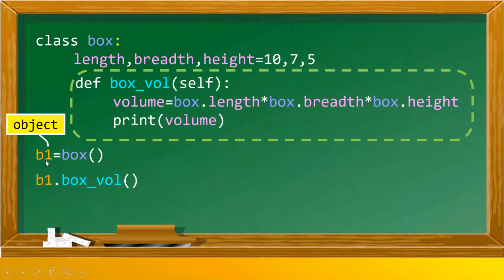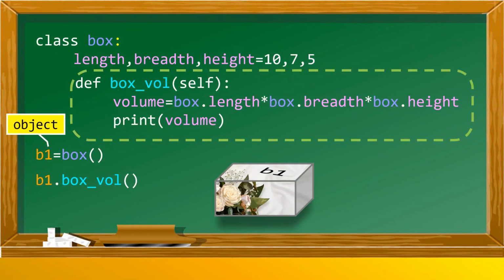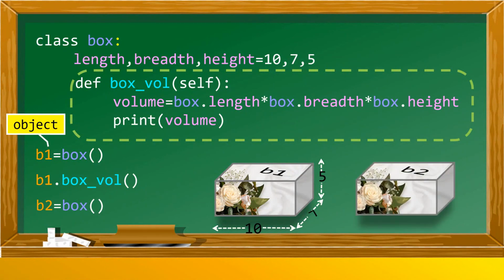My object B1 has the values 10, 7, 5 for length, breadth and height attributes. If I create another object B2 by the statement B2 = Box(), the object B2 will also have 10, 7, 5 as the values for its length, breadth and height.